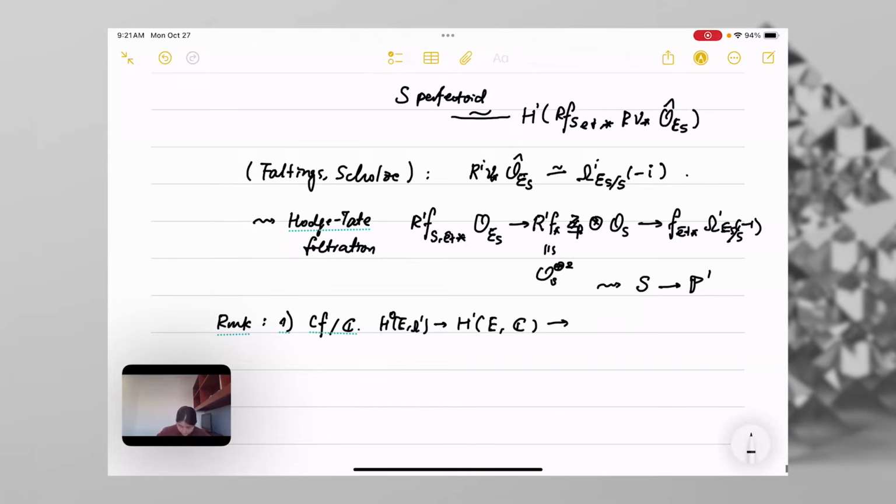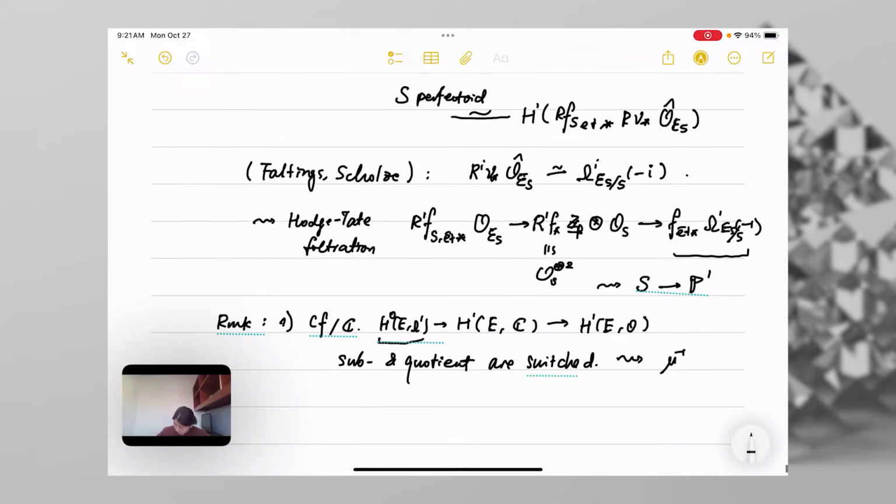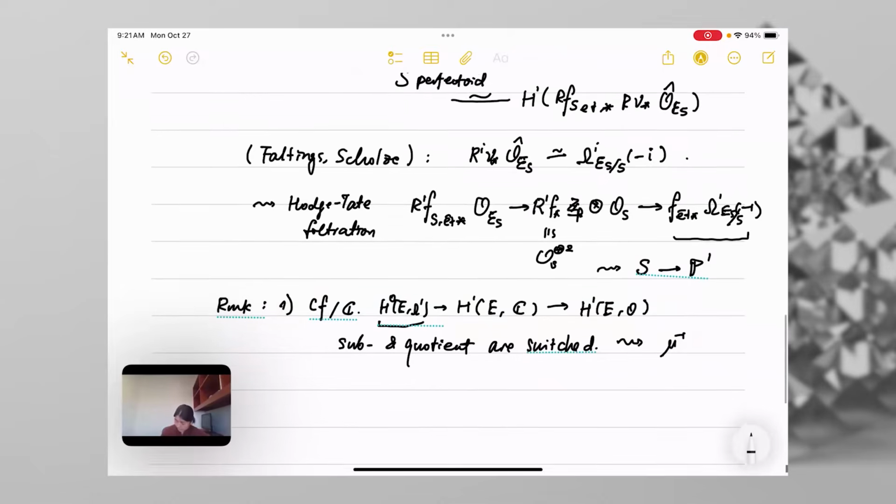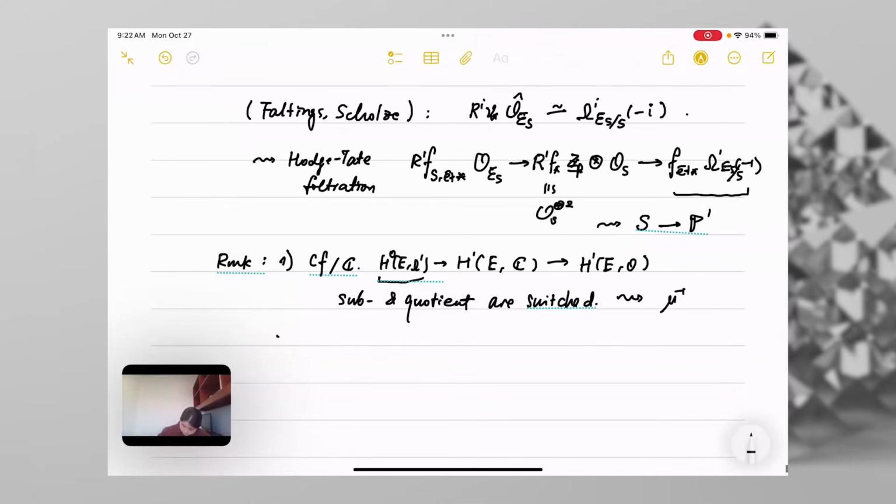However, if you look closer at the sequence, you notice that the difference is that for the Hodge-Tate filtration, the differentials appear naturally as a quotient, while for the Hodge filtration, they naturally appear as a sub. So the switch of sub and quotient leads to the fact that when we look at the Hodge-Tate period map, the flag variety is labeled by mu inverse, if mu is the Hodge cocharacter.